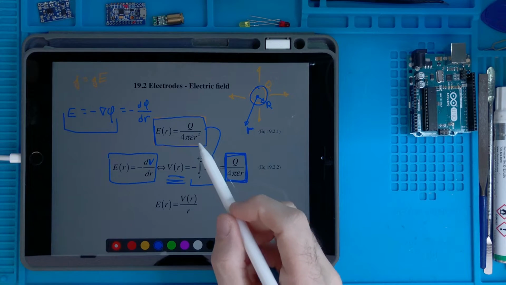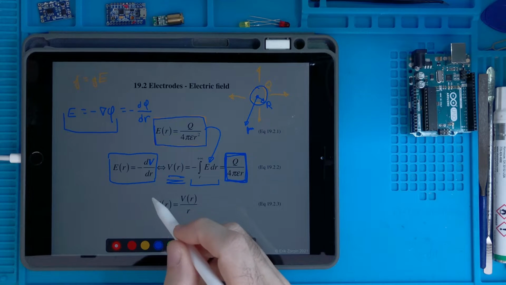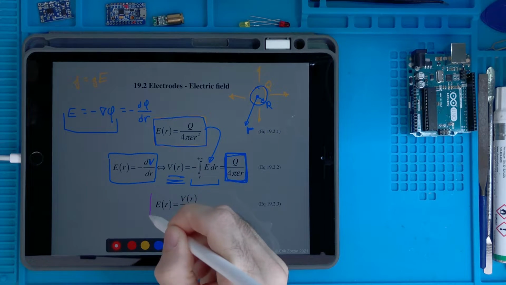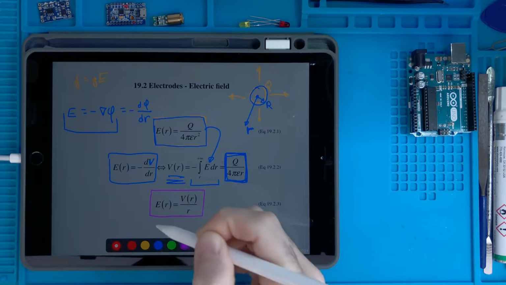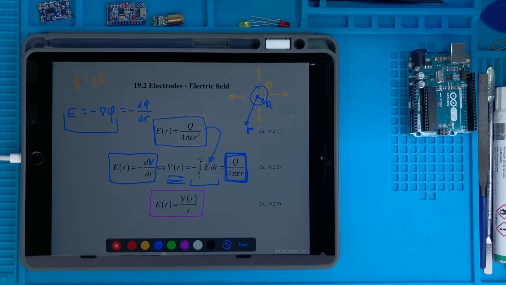There is only a 1 over r factor that makes them different. So we made this transformation in order to be able to connect the electric field with the voltage as a function of the distance.